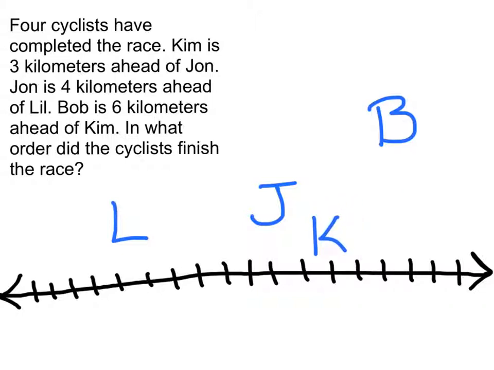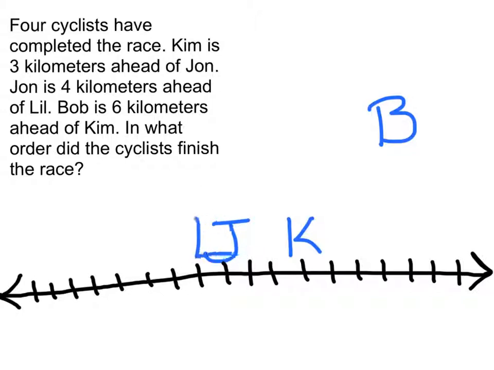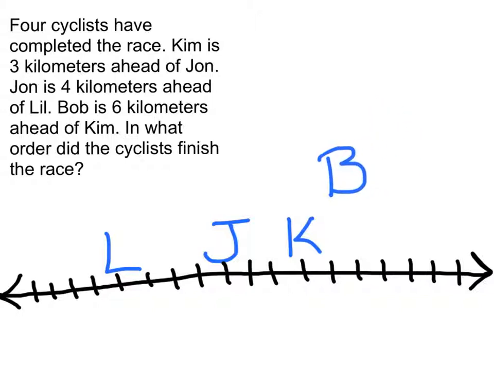So here we'll put Kim maybe here, and then John 1, 2, 3. And then John's 4 ahead of Lil, so Lil goes 1, 2, 3, 4 behind John. And then Bob is 6 kilometers ahead of Kim, so we're going to take Bob and go 1, 2, 3, 4, 5, 6. There we go. Now we fit everybody on.